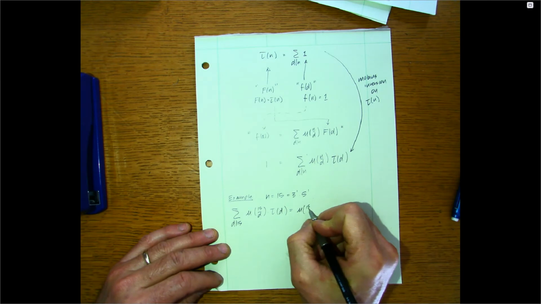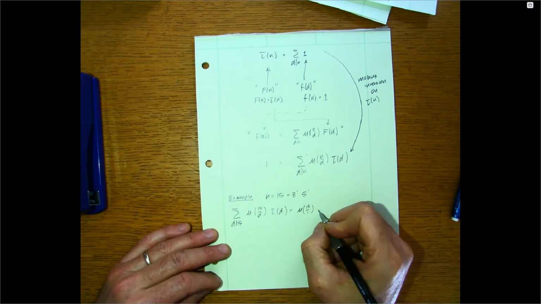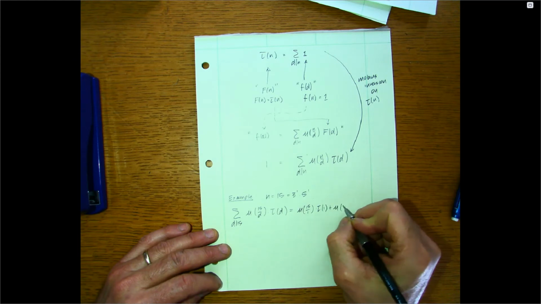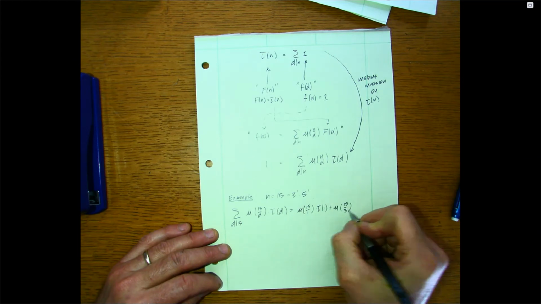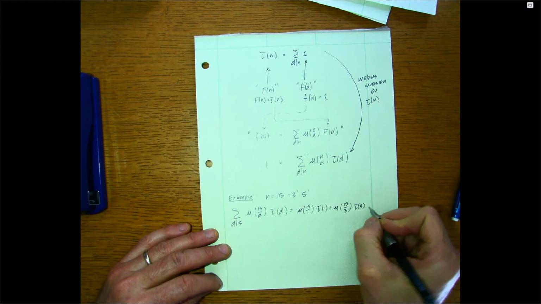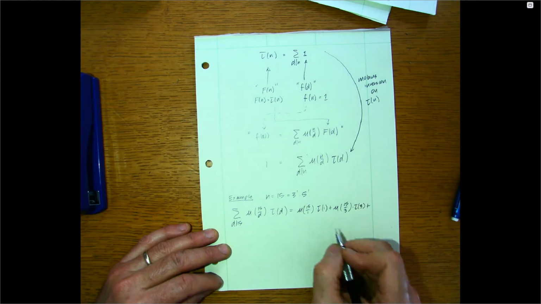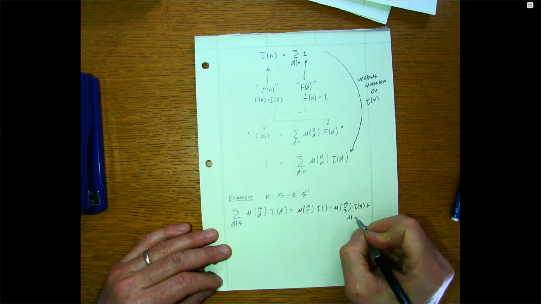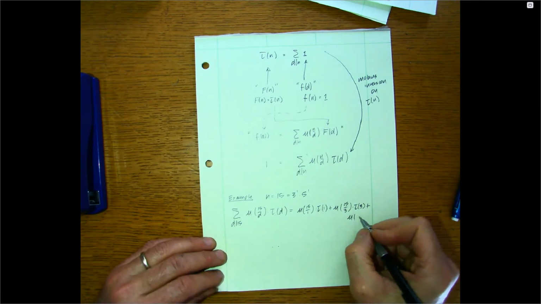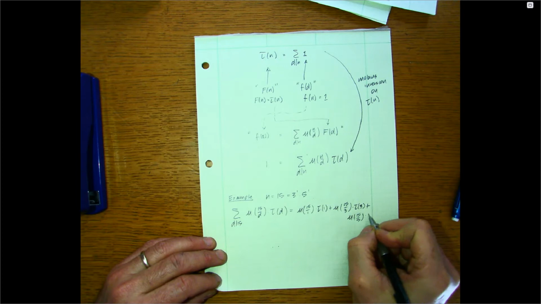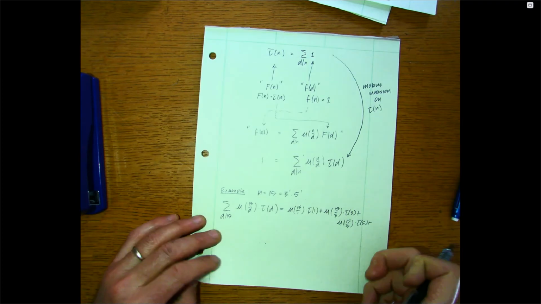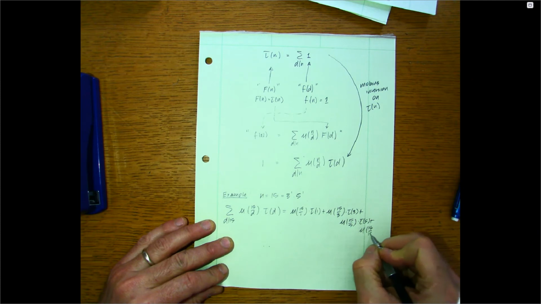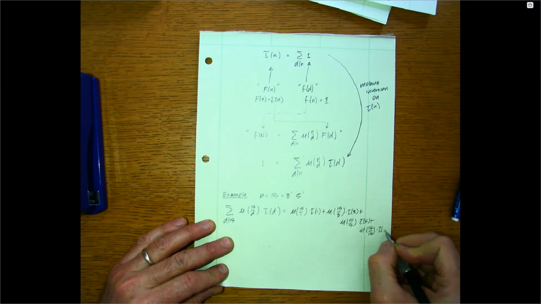So mu of 15 over 1 times tau of 1, plus mu of 15 over 3 times tau of 3, plus mu of 15 over 5 times tau of 5, plus mu of 15 over 15 times tau of 15.